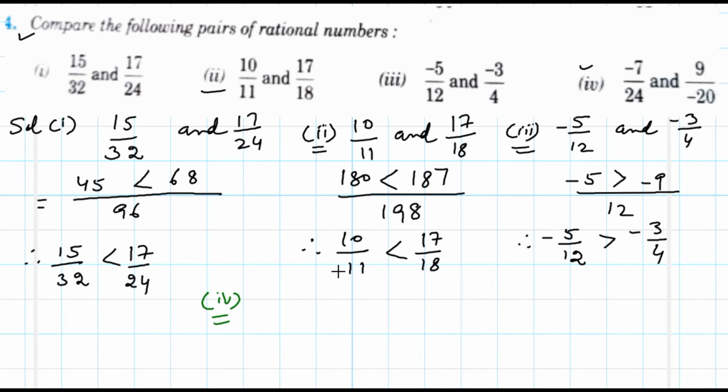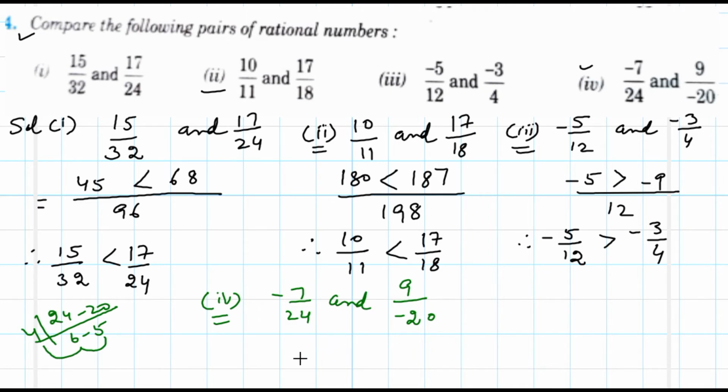Part 4th is minus 7 upon 24 and 9 upon minus 20. So the LCM of 24 and 20 would be 4 times 6 is 24, 4 times 5 is 20, 5 times 6 is 30, 4 times 30 is 120. Sorry, 120.